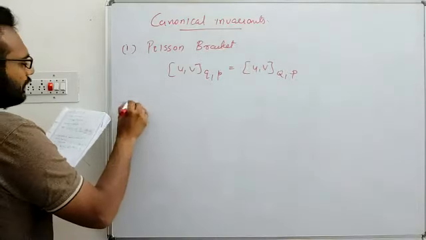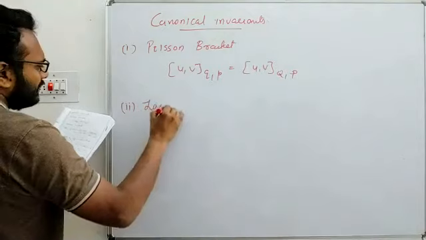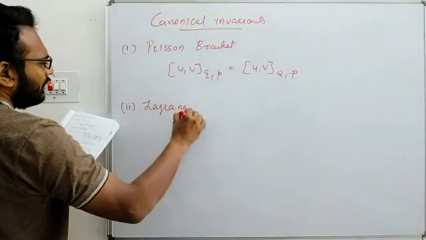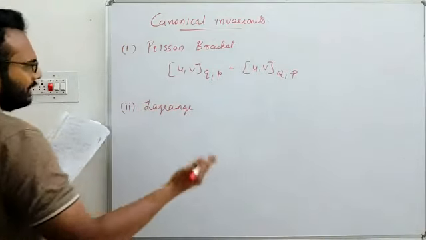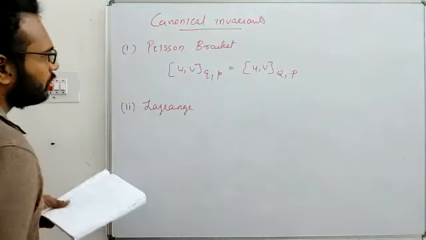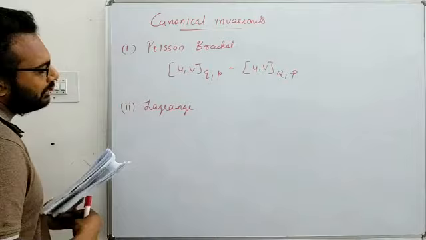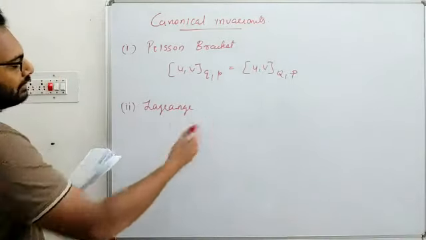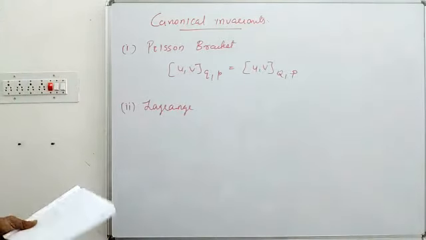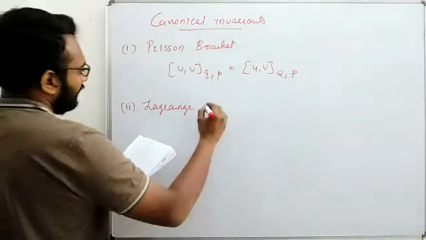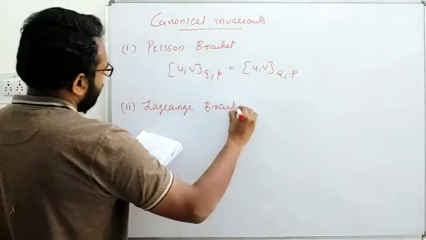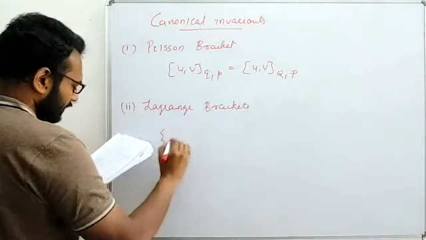All right. There's also another thing called Lagrange brackets. It's rarely used anywhere, but it's a construction that is also invariant under a canonical transformation. Lagrange brackets. Okay. So we'll use the curly brackets for this.